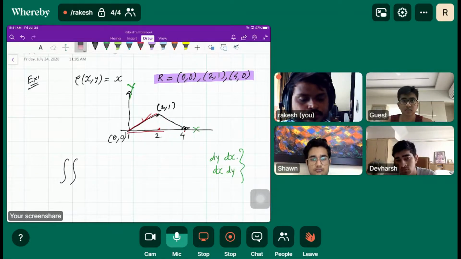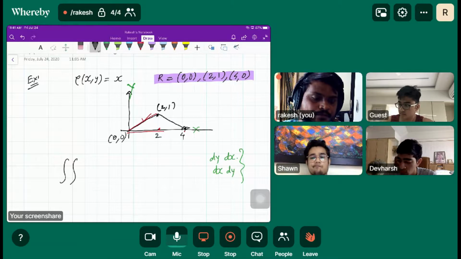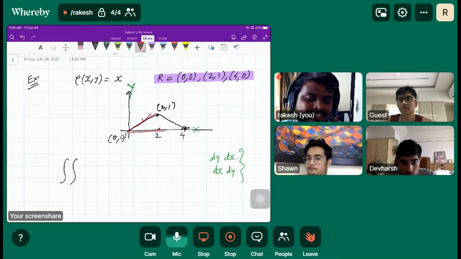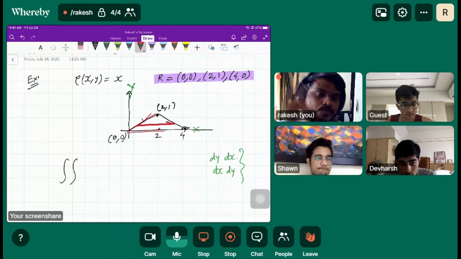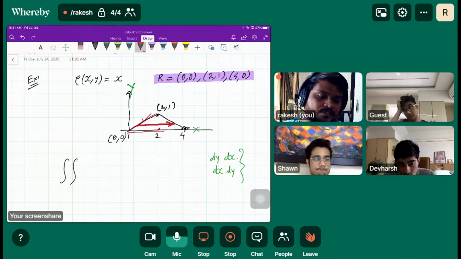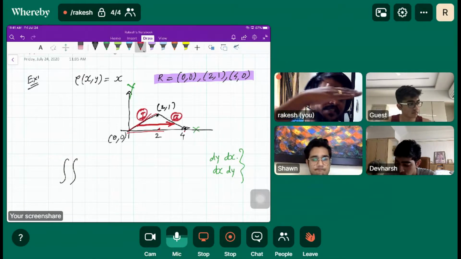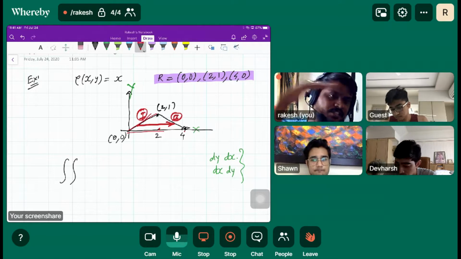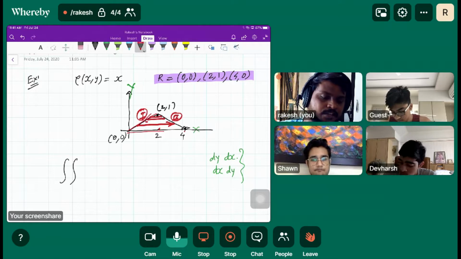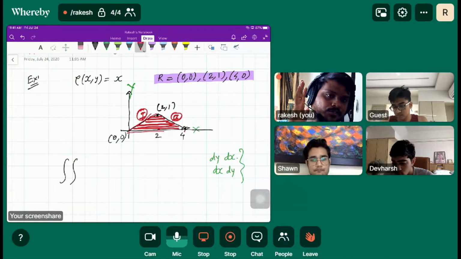So what order should we take now? We'll go along the x direction because the region is always between the same two functions, this one and the second one. If you go along the x direction, the region is between the same function throughout, isn't it?